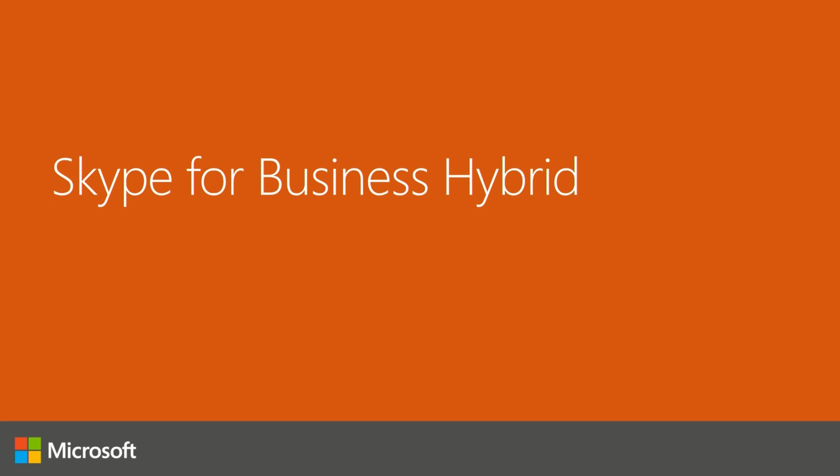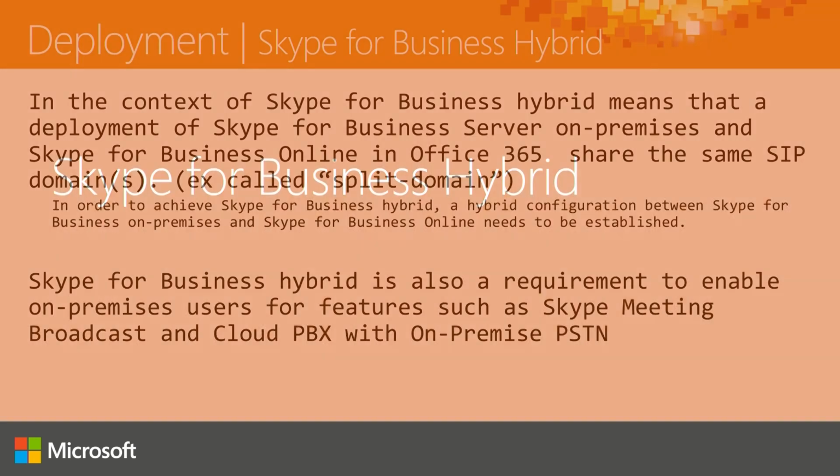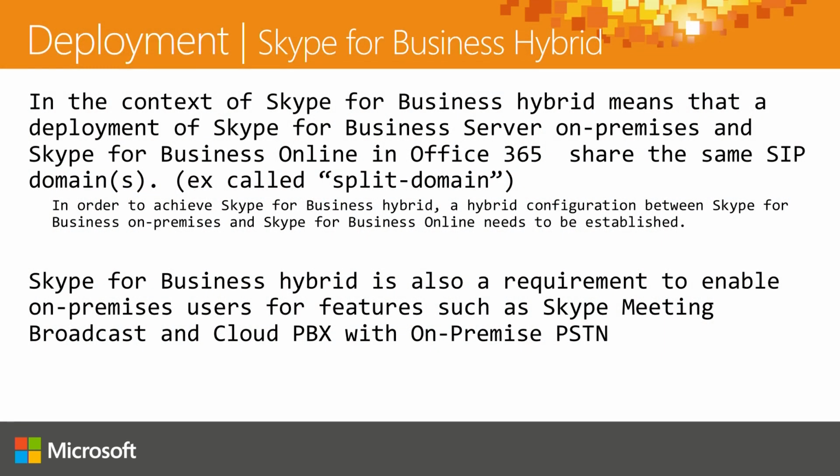So these are the options for on-premise deployment, and as we have stated, hybrid is the new buzzword. We're seeing a lot of interest in hybrid deployments. Hybrid is not really a topology. It's a very specific configuration. Talking in very old terms, we called it split domain. It is the environment where you have Skype for Business Server deployed on-premise, and you have a Skype for Business Online tenant.